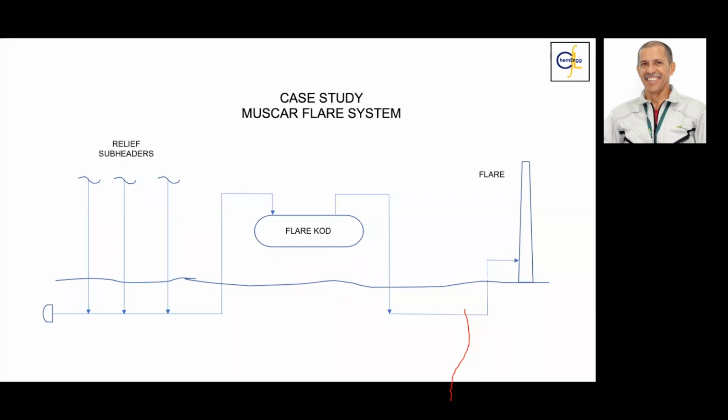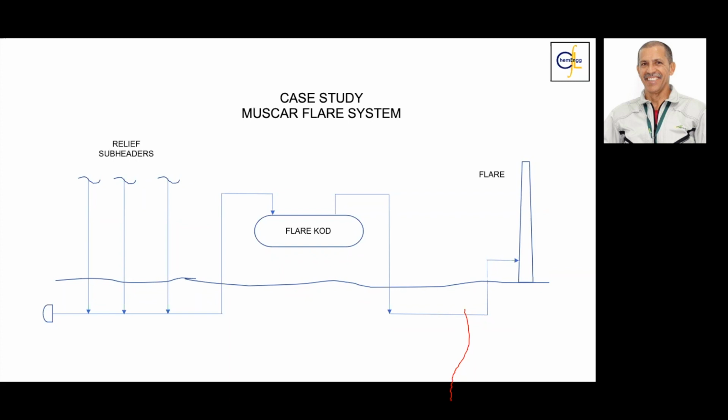And then during that study that we ran, they called us because the existing flare knockout drum exploded. They had an explosion of the flare knockout drum, and they didn't know why. What was the reason? And they started to take measures upstream there.